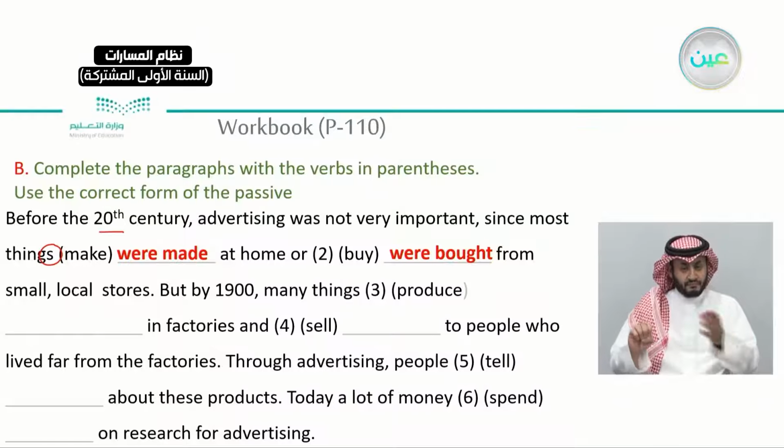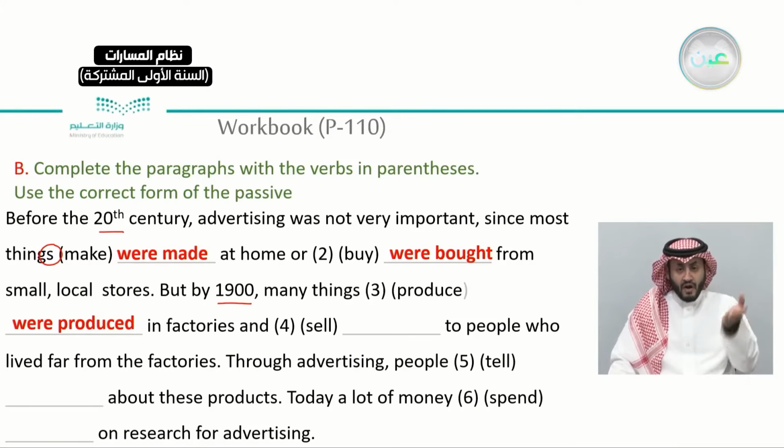But by the 1900s, here, still speaking in the past, many things were produced in factories, and also the products were sold to people who live far from the factories.